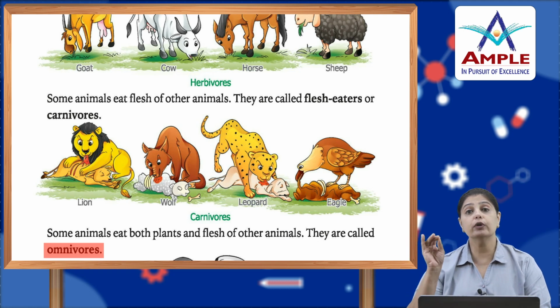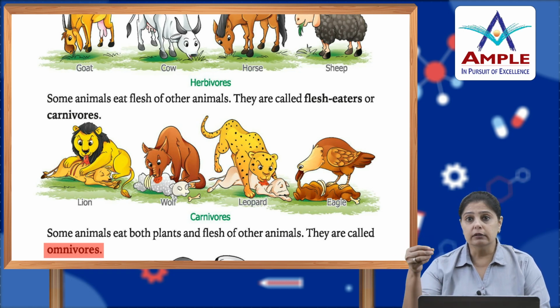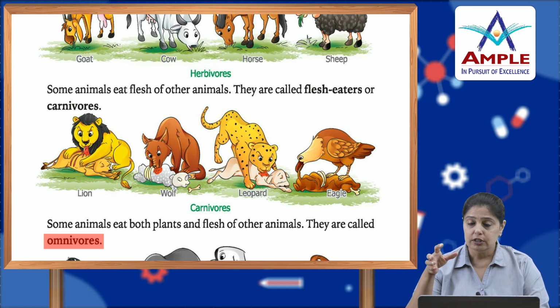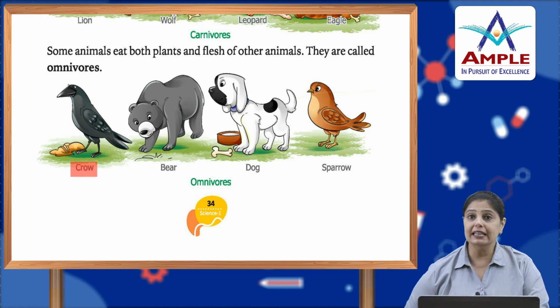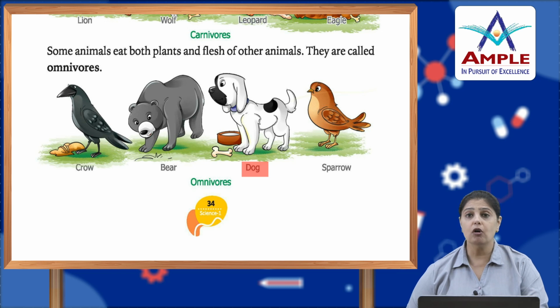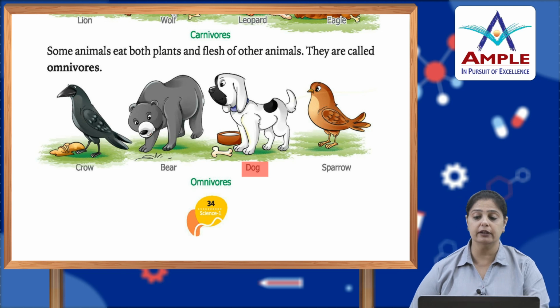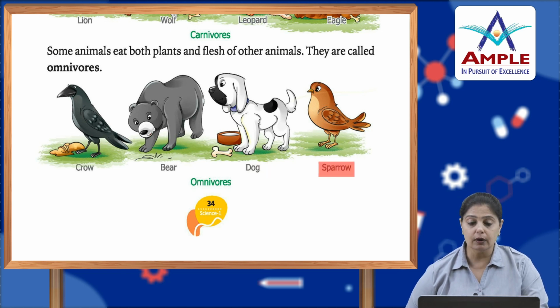If you give a crow the dead remains of an animal, it will eat that also. So, crows can eat anything, they are omnivores. Bears, dogs: dogs eat bones, dogs drink milk also, dogs eat fruit and the vegetables that we give. Sparrows eat grains as well.